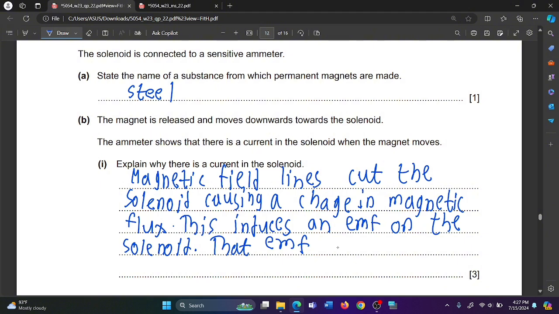That EMF produces current in the solenoid or on the solenoid, same thing.